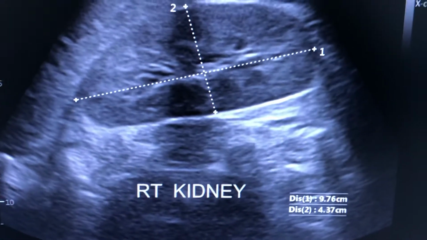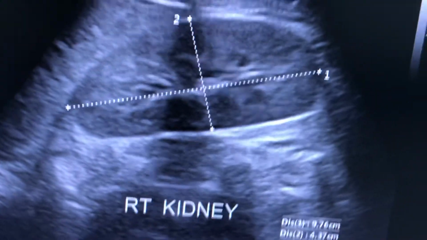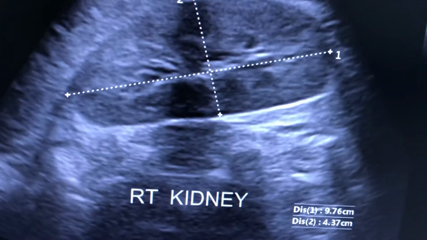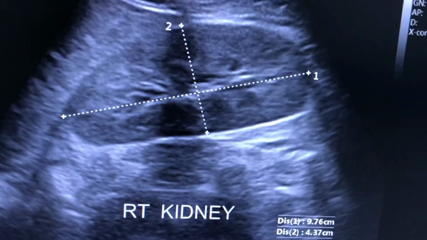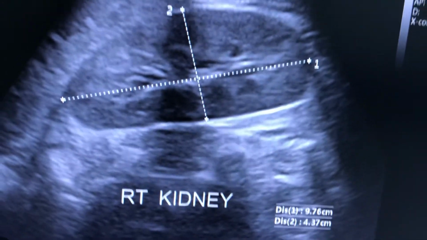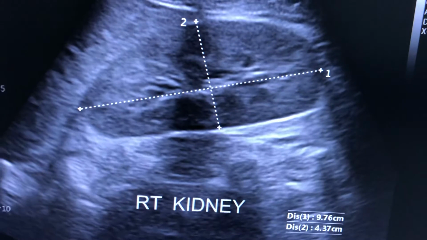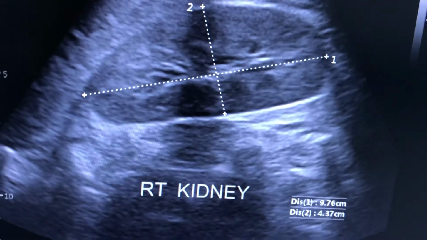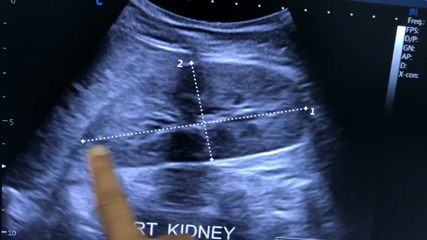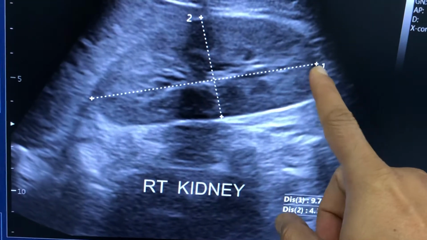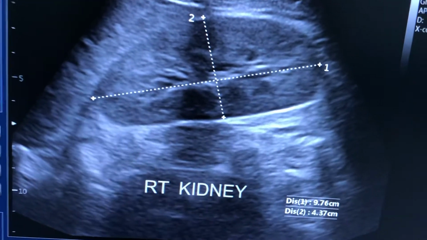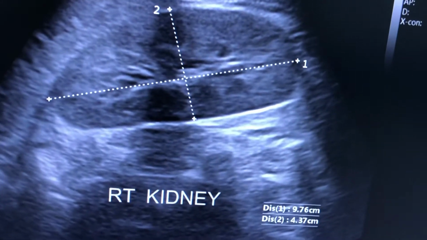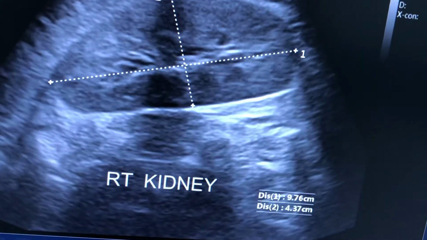And one more thing I would like to tell you, that many people ask me to write the size of the kidney in the report. Okay, it is okay to write the size of the kidney in the report, but it is not so informative, because the normal kidney can vary from 9.7 centimeter in length, it can reach up to 10 also, 11 also, sometimes it may be 8 also in the longitudinal view.